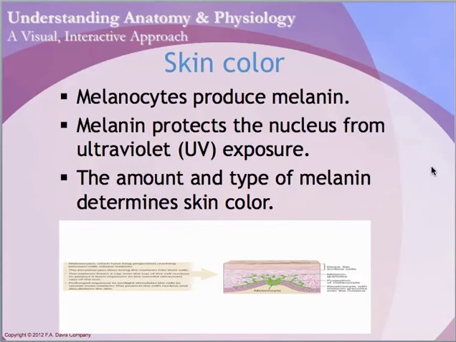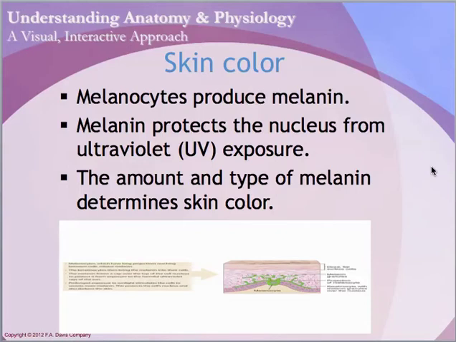On page 71, you can see this diagram in a little bit better detail, probably on your big screen. We know that cells in darker skinned people produce more melanin, and the melanin is broken down more slowly, hence why their skin color is darker. This diagram shows a melanocyte in the epidermis layer.